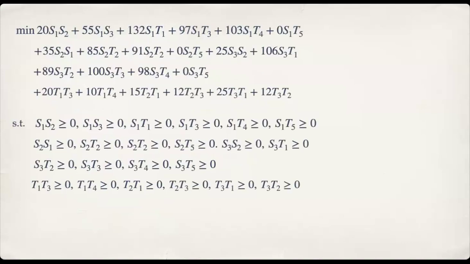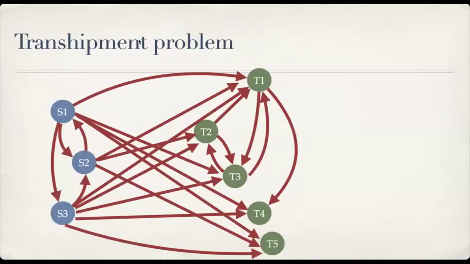For example, for S1, we ship goods out of S1 this way, this way, this way, this way, this way. We have 5 possible ways, and we have one shipment into S1.